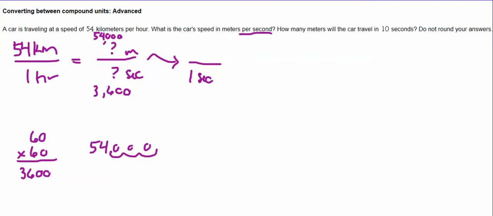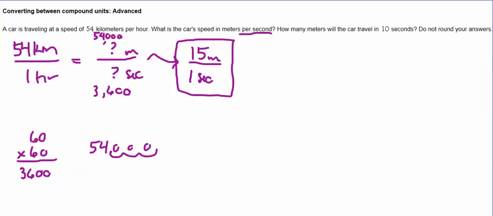And the way we do that is the fraction bar means division. So we're going to take 54,000 and divide it by 3,600 seconds. And we get 15 meters per 1 second.